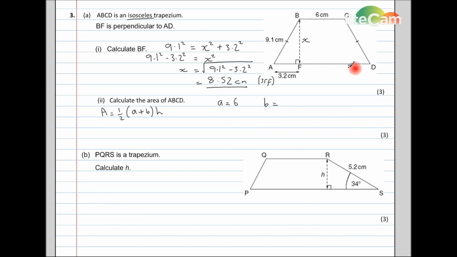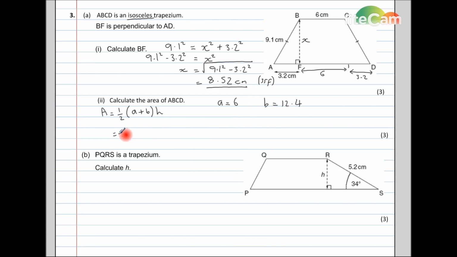Okay, so we know from here to here is 6, and seeing as this is an isosceles trapezium, we know that this length here is 3.2. So 3.2 plus 3.2, that's 6.4, plus another 6, this length is going to be 12.4. Okay, for the height, we could use this, or if we want to be more accurate, we can use the exact length that we worked out on our calculator, because that's the last calculation we did.